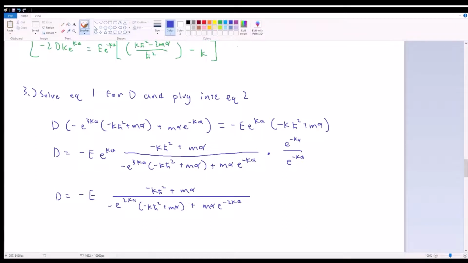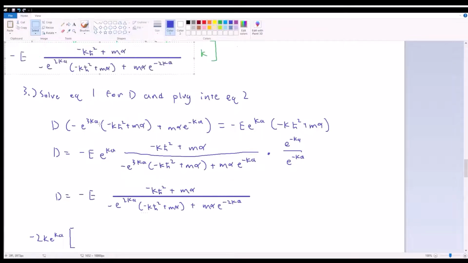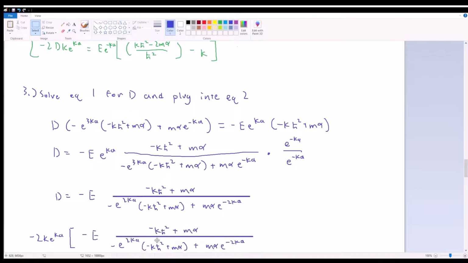So this is going to give us, let's see, negative 2k e to the ka, and then multiplied by our D term, which is equal to this horrible mess of a thing. Close off this bracket, and it's going to equal e times e to the negative ka times k h bar squared minus 2m alpha over h bar squared, and I'm going to combine this fraction, so it's going to be minus k h bar squared over h bar squared.